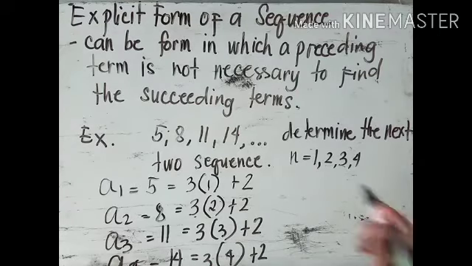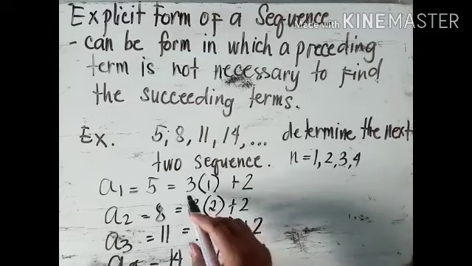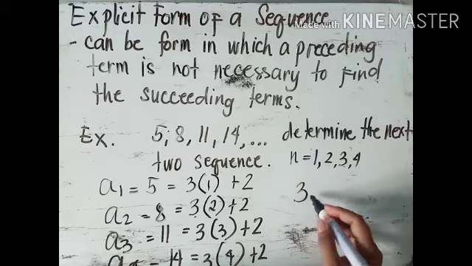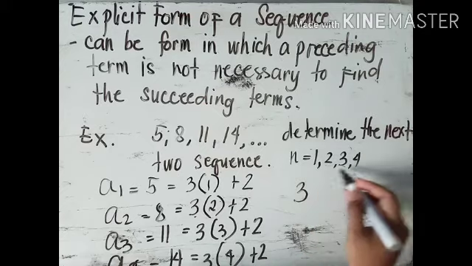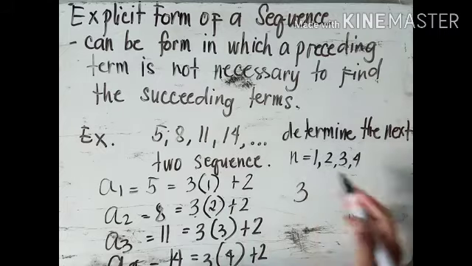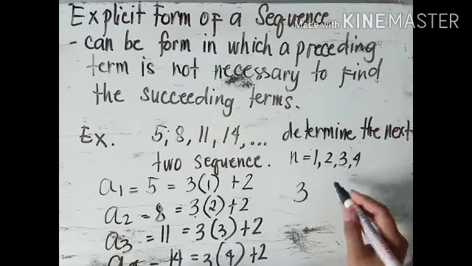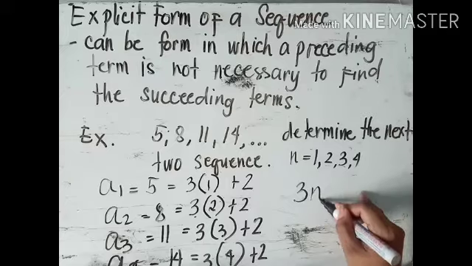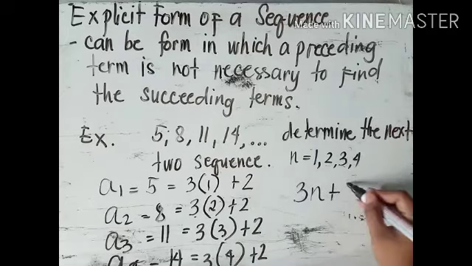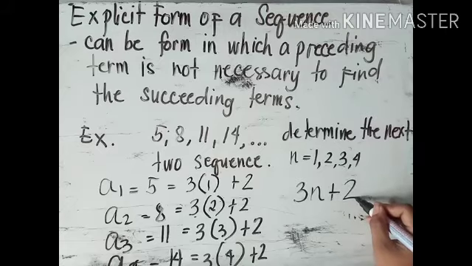Now, for this given representation, we conclude that we are multiplying 3 by the different n here. This is the number of the term of the sequence, so n is for the unknown term of the sequence. Then we are adding 2 for the constant.